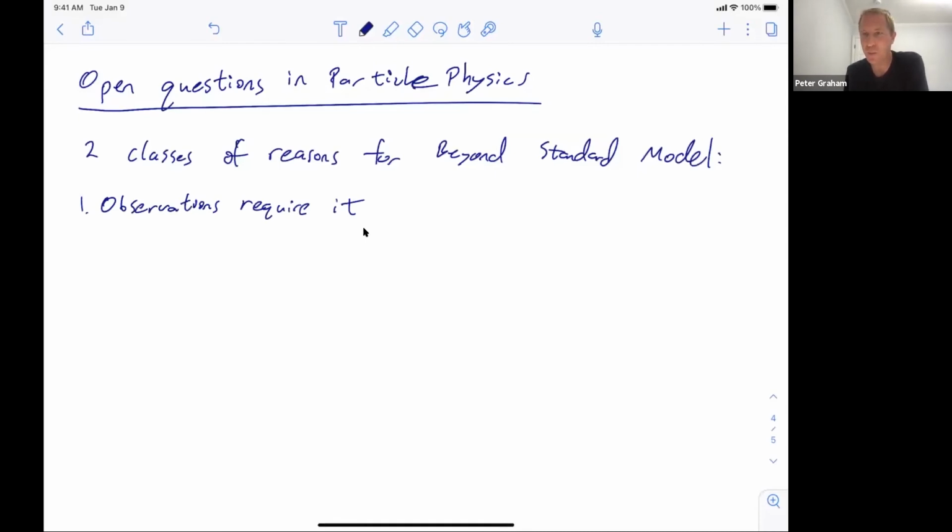I said all the lab experiments are consistent with the standard model, but for example, all of our observations that point towards dark matter really require new physics beyond the standard model. Let me just pause there for a second. That's actually a point that's sometimes not appreciated by many people outside the field.